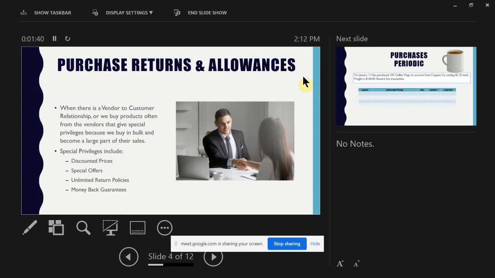Because you make up a large portion of their profits or whatever it is, right? You make up a huge portion of why they sell out their inventory. So with that being said, they can grant you many things. They can grant you unlimited returns and refunds. They'll give you your money back guarantee. They can even give you special offers, right?